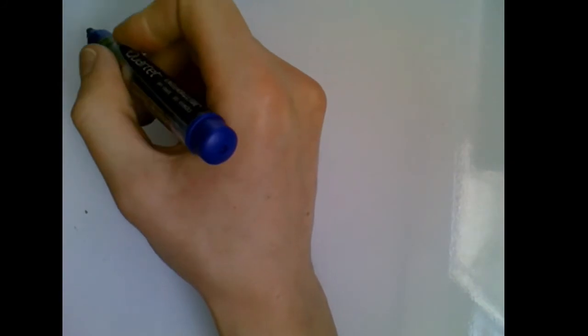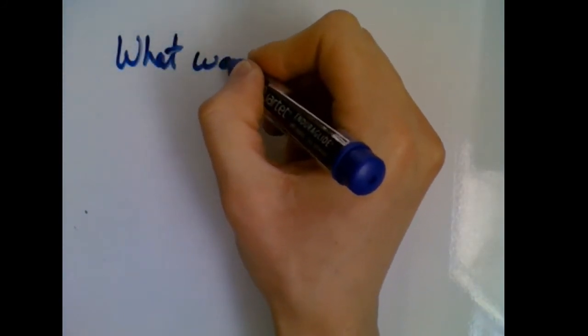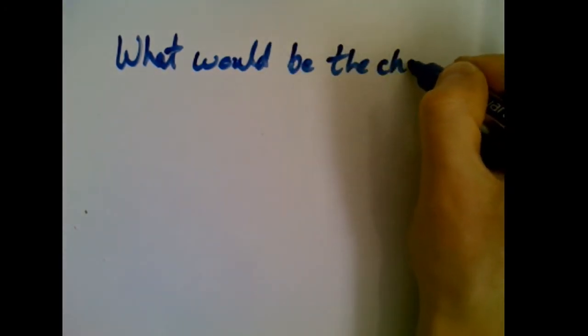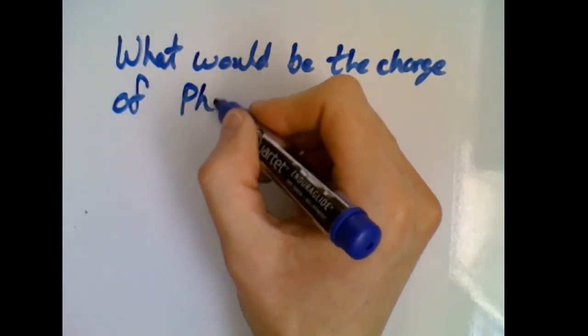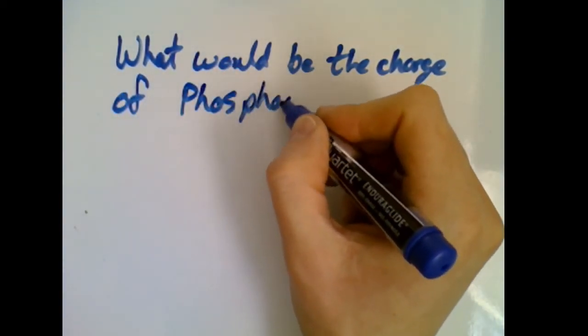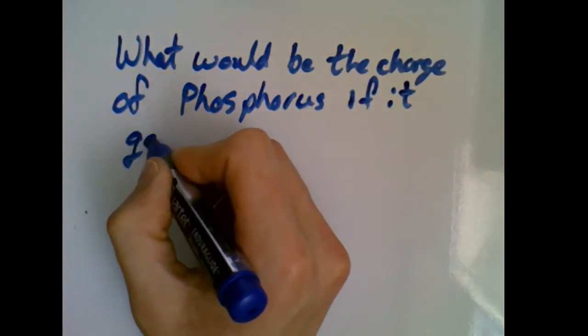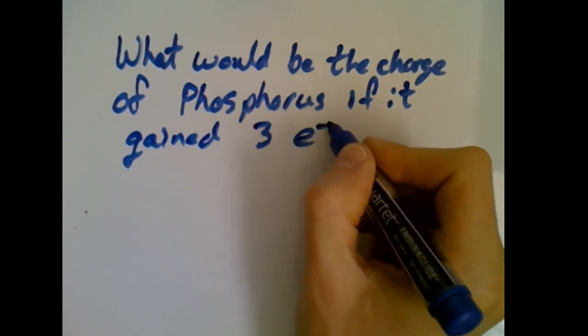So here's going to be the next thing that we deal with. What would be the charge of, let's say, phosphorus if it gained 3 electrons?